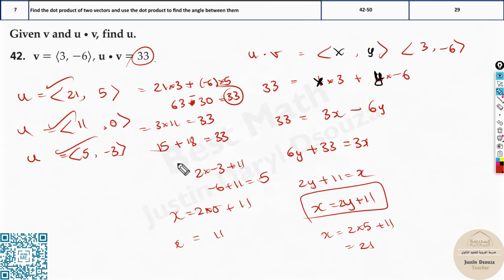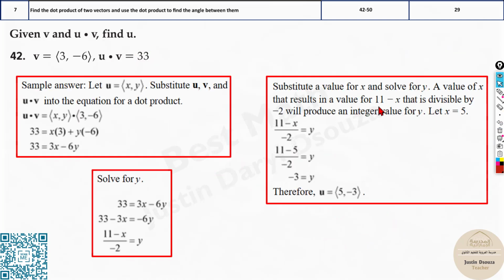It's a multiple choice question. This wouldn't be appropriate to be asked, but the concept is just this. You need to write x and y for the missing vector, write it in terms of an equation and then rearrange it to one of the variables. Then input any value, and you will get the other value. That's the answer. Now here you can see it's written as sample answer. Why?